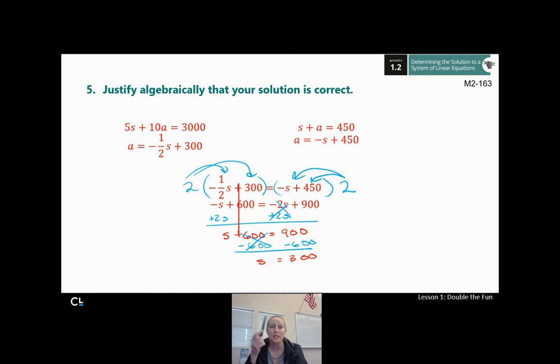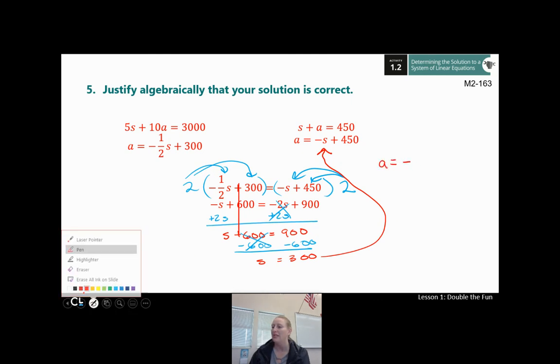And that makes sense because we said student tickets sold was 300. So how many adult tickets did we sell? Well, we can take this and plug it in. I'm going to have a equals -s plus 450, and we just said that s was 300.